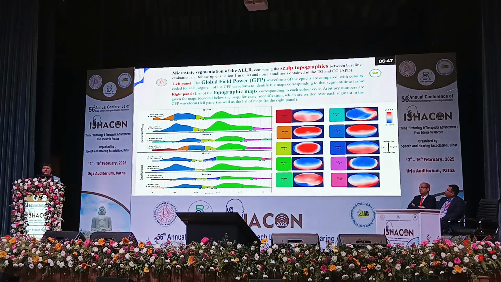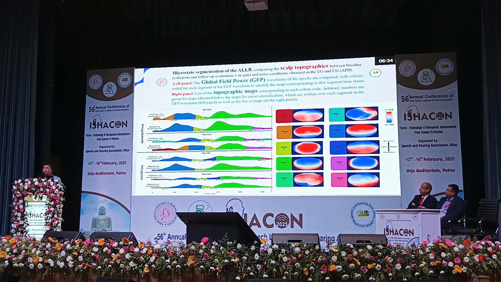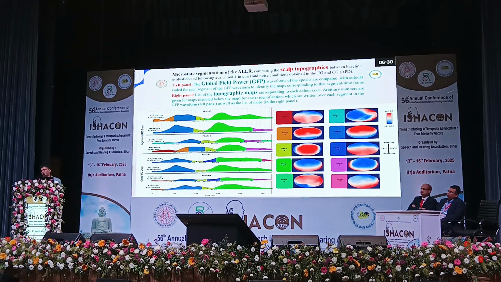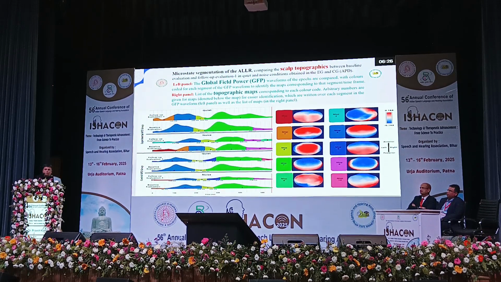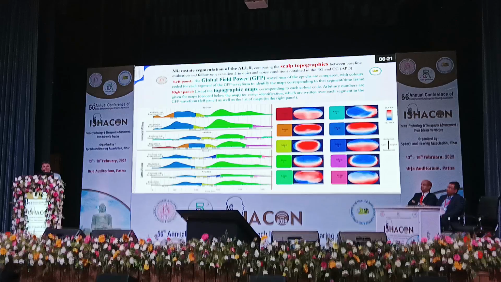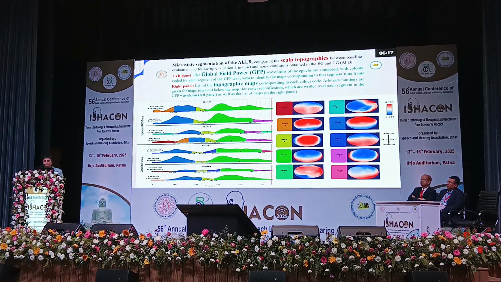Since it was a multi-channel ERP, we had a lot of data to explore, and we tried to look at it through brain mapping and the scalp distribution. We looked at the global field power using the Curry software; those who are using multi-channel ERP and offline analysis will be able to extrapolate these interpretations. What we could see is that from the baseline there are changes which are getting reflected.